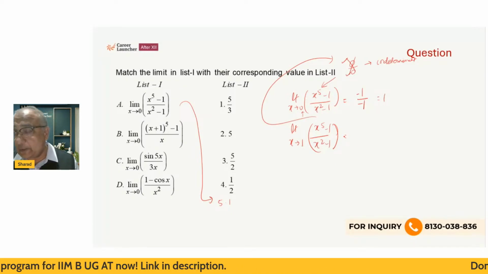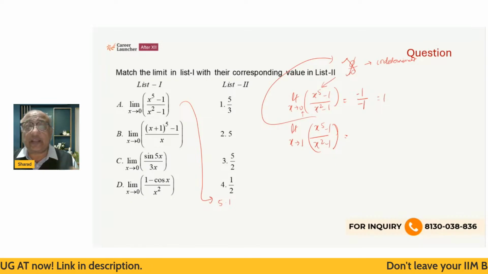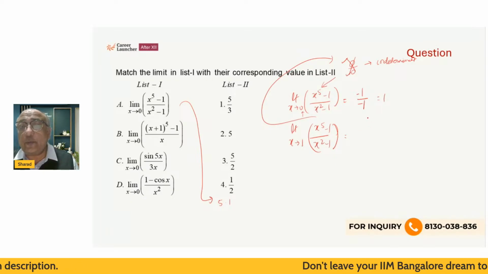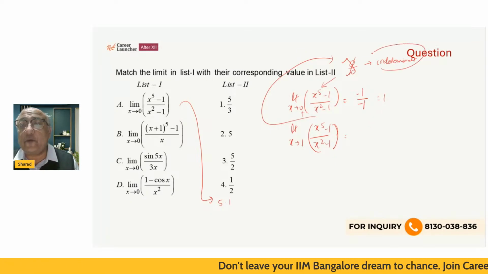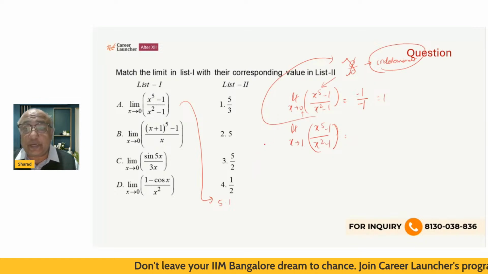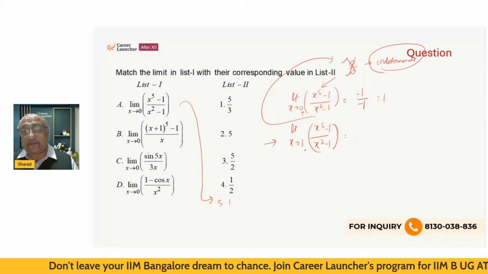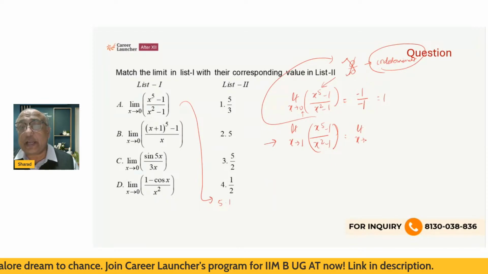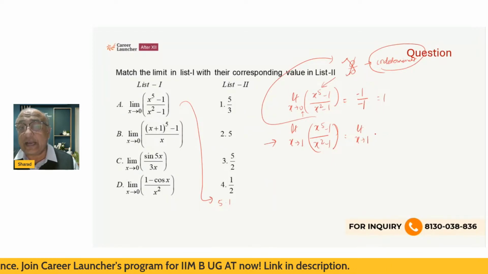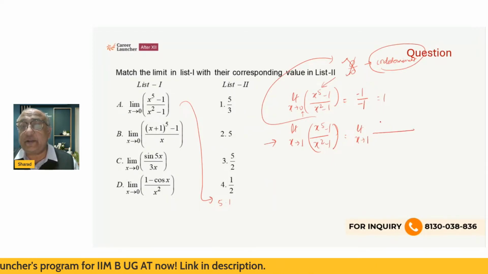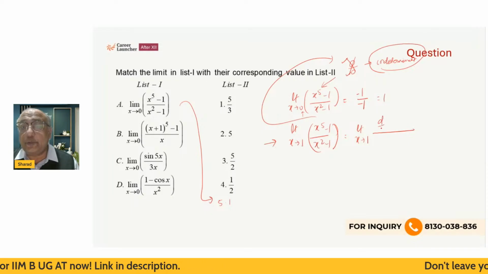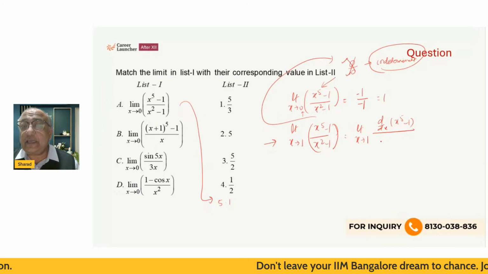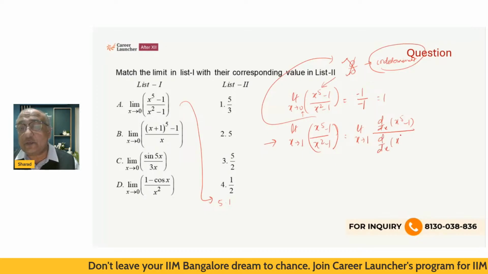So let me tell you the first trick. If this is 0 by 0 or indeterminate form, then what we should do? Let's take this question over here. If this is the case, then do only one thing. The first thing you should try in 0 by 0, if you get that, please differentiate numerator. This is an easy differentiation, and you differentiate also this.